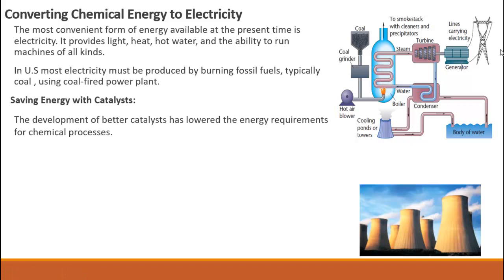So how can we save energy with a catalyst? I told you before that a catalyst is used to speed up a chemical reaction by lowering the activation energy. So the development of better catalysts has lowered the energy required for chemical processes.